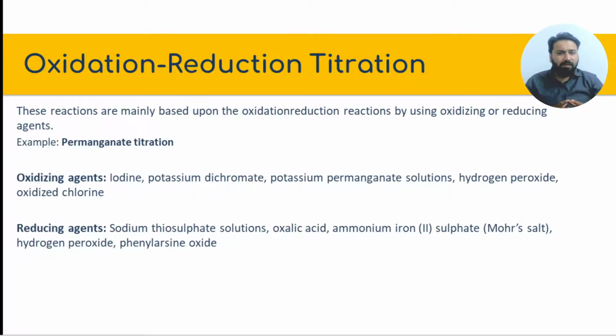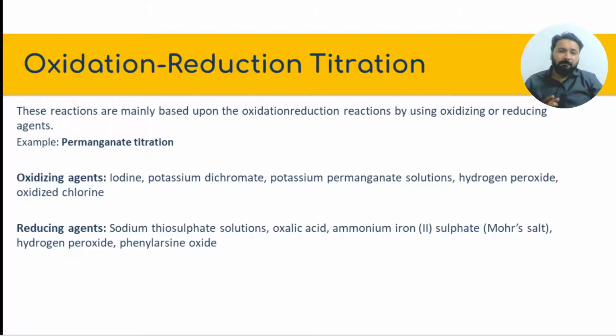Just like an example, the permanganate titration is known as permanganometry. These reactions are commonly known as redox reactions because reduction and oxidation occur simultaneously. By name itself, it indicates the change of oxidation state or transfer of electrons of the reactant by use of an oxidizing or reducing agent.